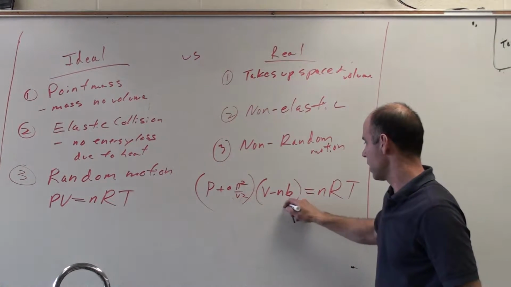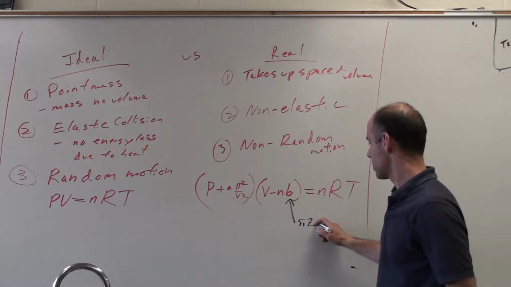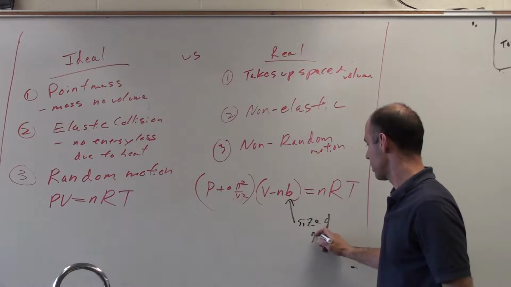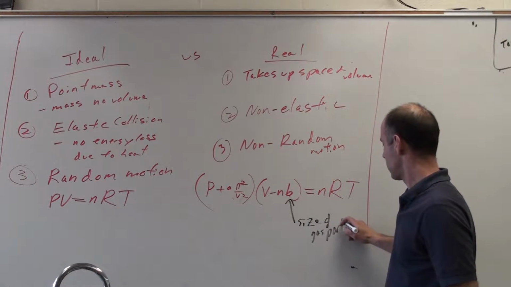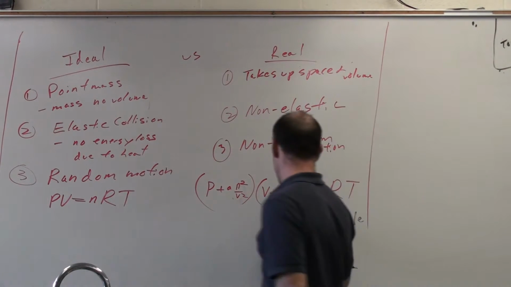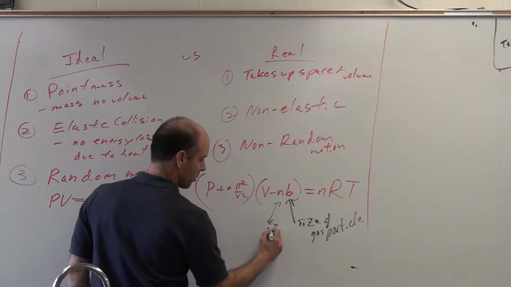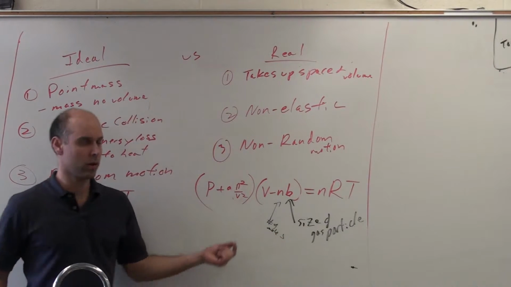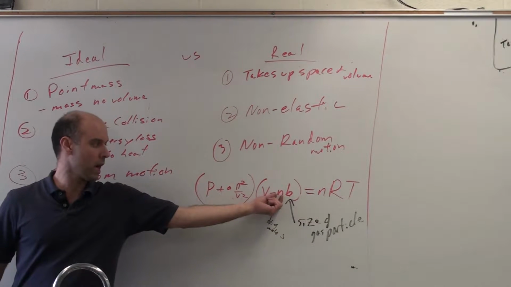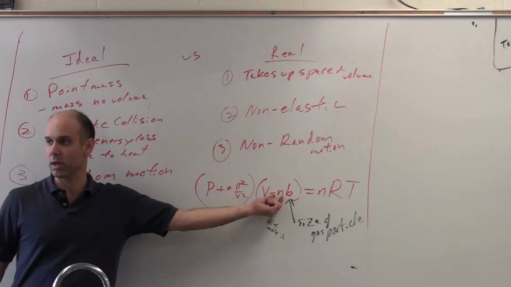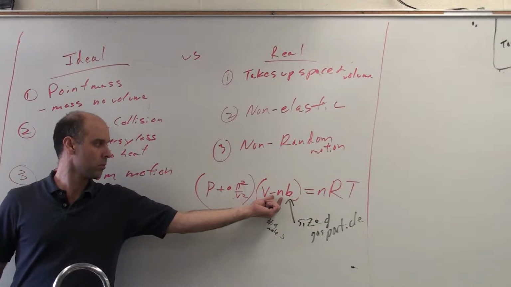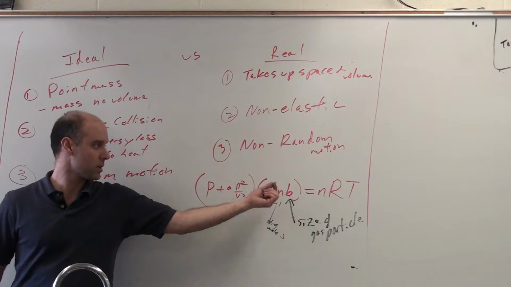So b is the size of the gas particle, and n is the number of moles. The more gas particles you have, the more space they're going to take up, and then you multiply it by their size.